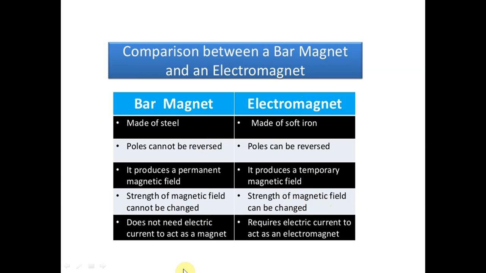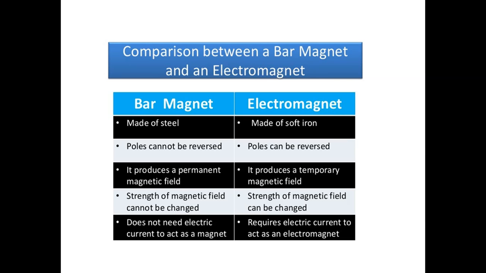So in case of bar magnet, we don't need electric current to act as a magnet. इलेक्ट्रिक करंट की कोई जरूरत नहीं है बार मैग्नेट में। एंड इन केस ऑफ इलेक्ट्रोमैग्नेट इट रिक्वायर्स इलेक्ट्रिक करंट टू एक्ट एज एन इलेक्ट्रोमैग्नेट। सो इट वाज ऑल अबाउट द comparison of bar magnet and electromagnet.